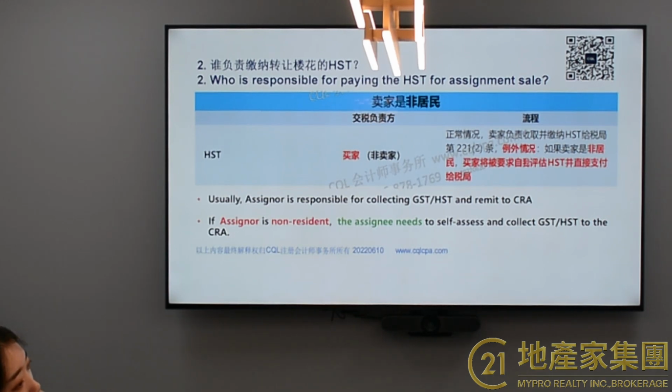They're going to say, oh, I refuse to withhold this money, or you just cancel buying my property. Especially when prices go up in the market, there's a high chance they'll say, okay, I refuse to sell. And then if the buyer continues to buy this property, they have a liability for a future HST audit.